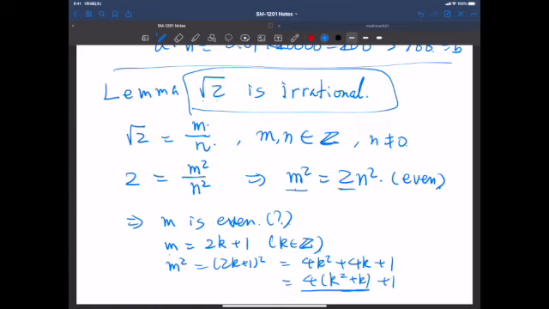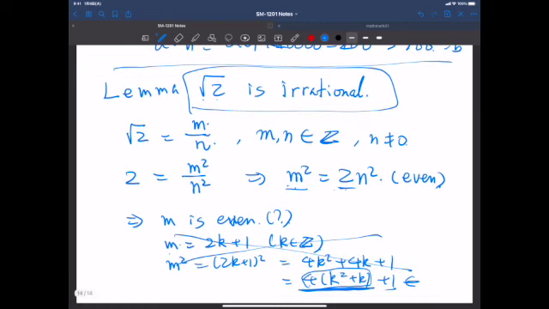But this is an even number. 4 is an even number, 4 times something is an even number, plus 1. So this is not even, so this is odd. But we are saying m squared should be even. So this is a contradiction. Therefore, m cannot be odd. m itself must be even. Okay?